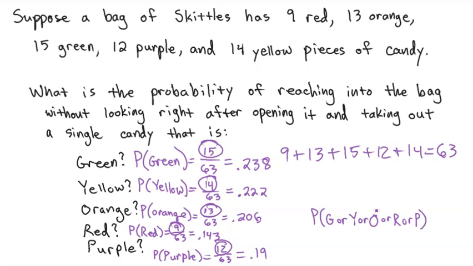We're saying or here, so we add up all of the probabilities of all 5 of them, and the sum is 1. I'm definitely going to grab either a green or a yellow or an orange or a red or a purple, because that's all that there is in the bag. All right, let's try a different example.